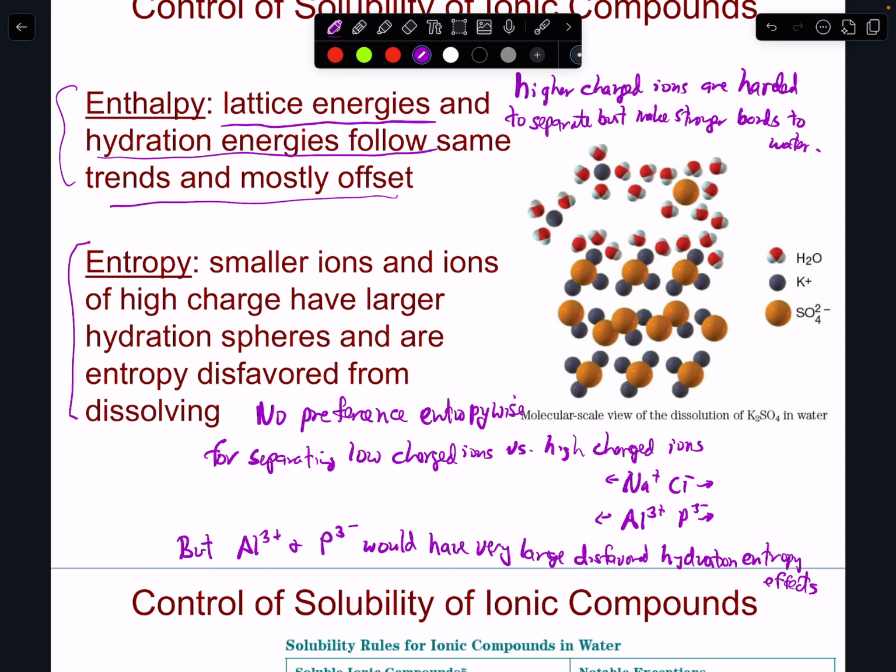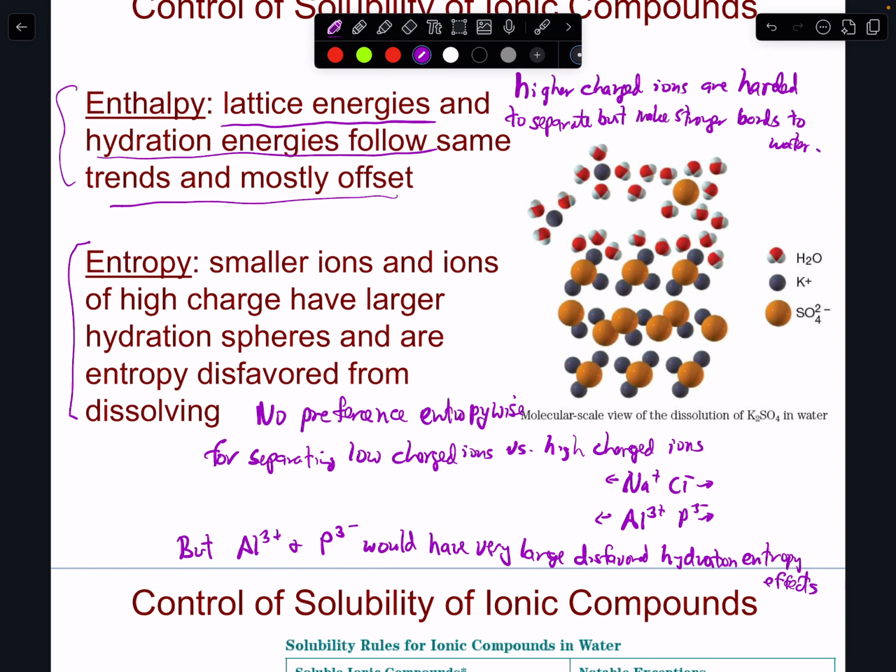When you have ions of high charge, the ions break apart entropy-wise, and that still is somewhat favored. But when those highly charged ions go into water, they bind lots and lots of water molecules entropy-wise and get to be very disfavored.